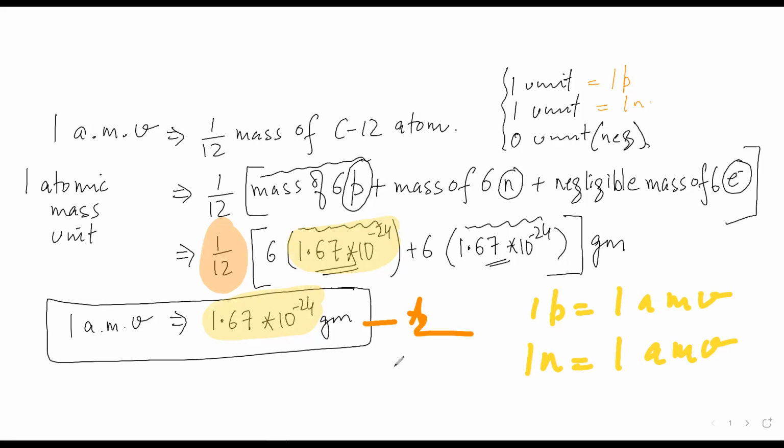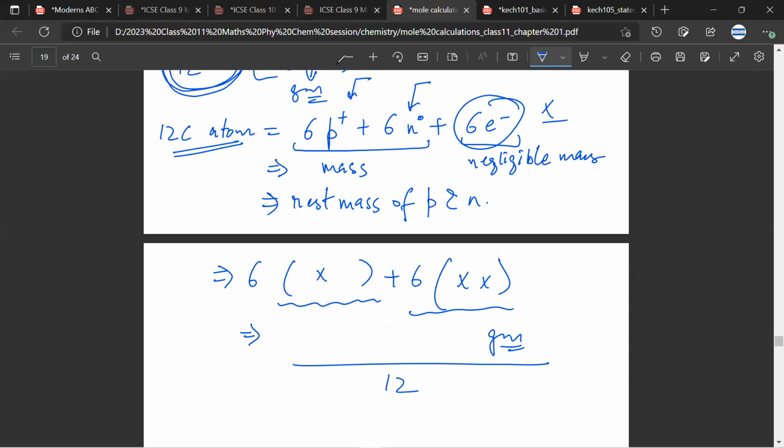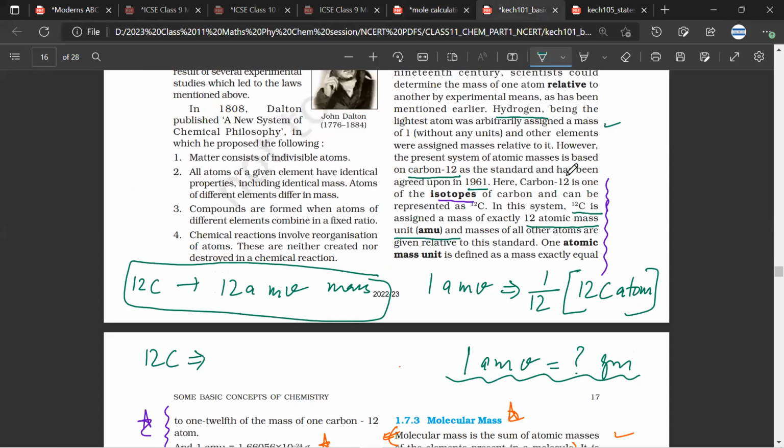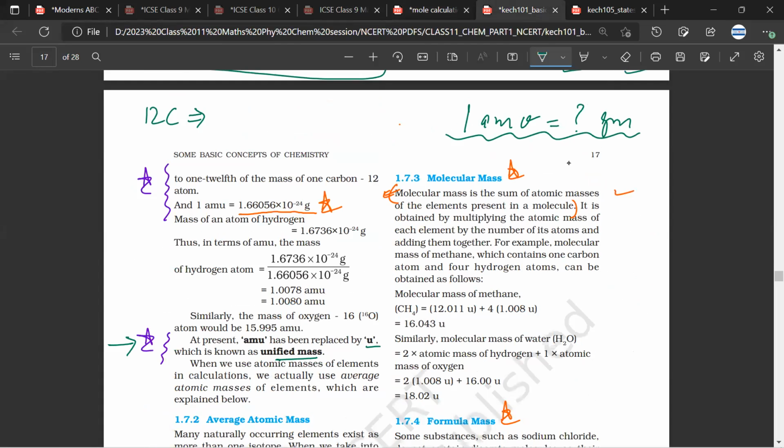Have you understood? Yeah. And this is the conversion that we were looking for, the conversion between 1 AMU and a certain number of grams. And the same conversion has been mentioned here in your textbook without proof. Do you see this? 1 AMU is equal to 1.66 into 10 to the minus 24 gram. Is it making sense now? Yeah.